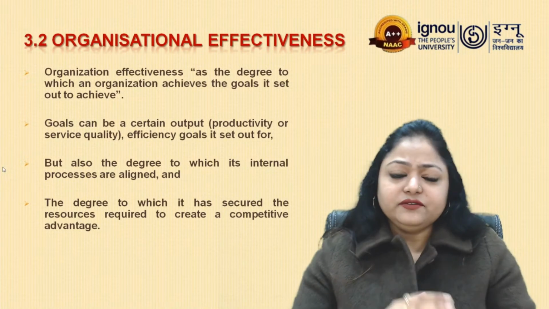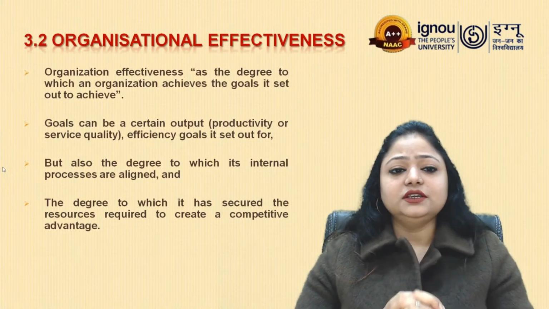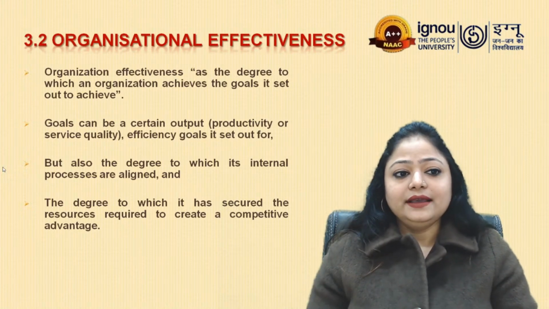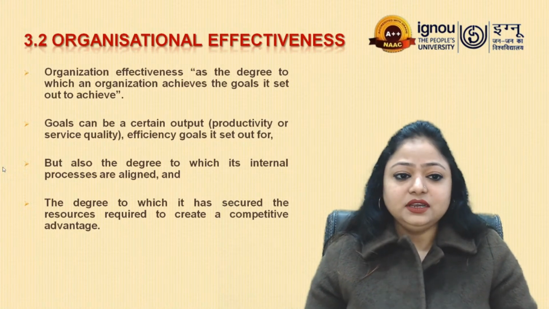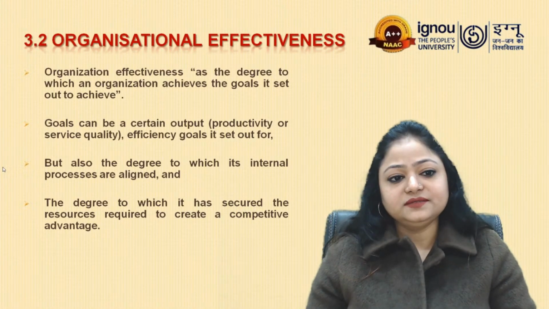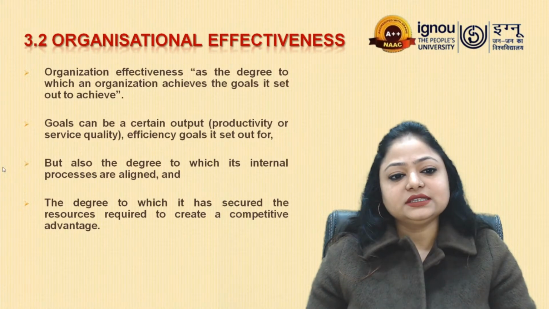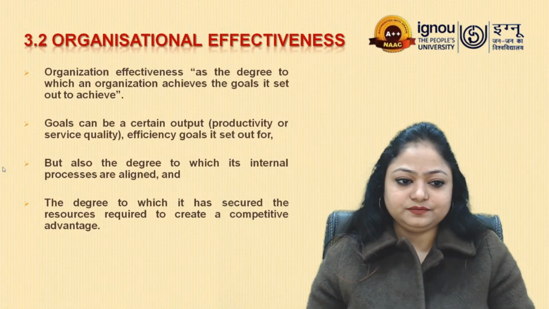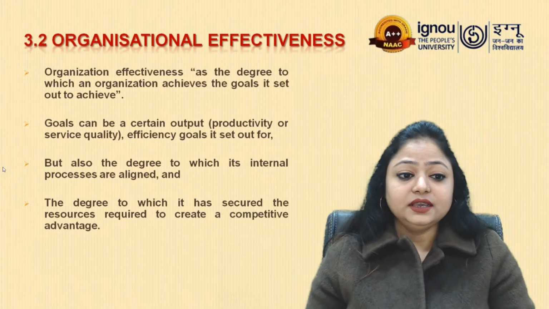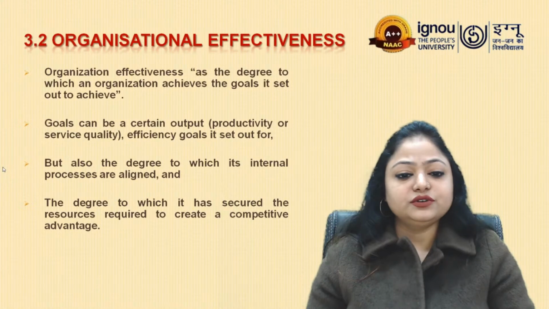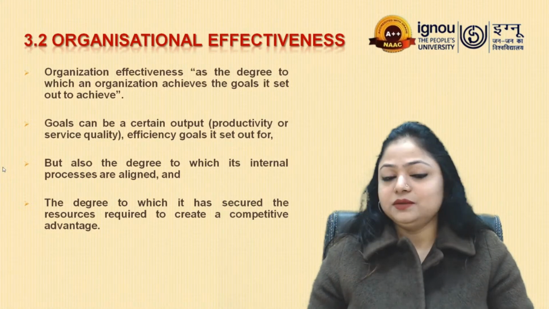So, organizational effectiveness is the degree to which the organization achieves the goals it sets out to achieve. These goals can be a certain output or productivity, or service quality and efficiency goals it sets out for. But it can also be the degree to which its internal processes are aligned. And looking forward, it can be the degree to which it has secured the resources required to create a competitive advantage in the market.